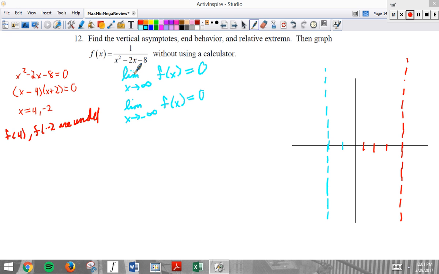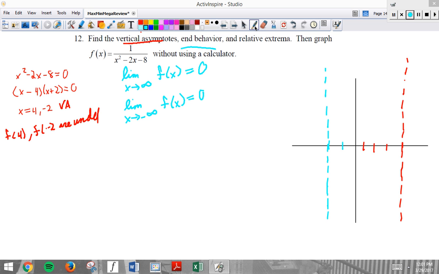How did I get that so fast? The highest power on the top is 0. The highest power on the bottom is 2. That's it. End behavior. So I found the vertical asymptotes. I found the end behavior. Check. And now my relative extrema.